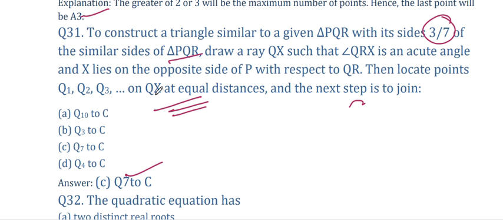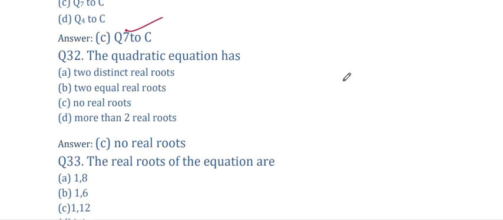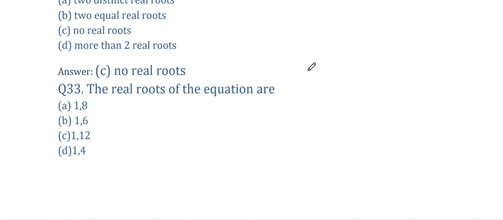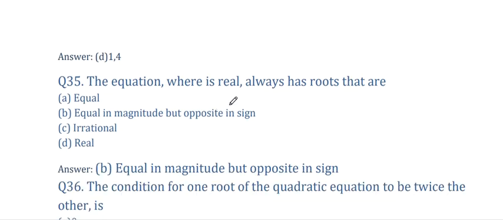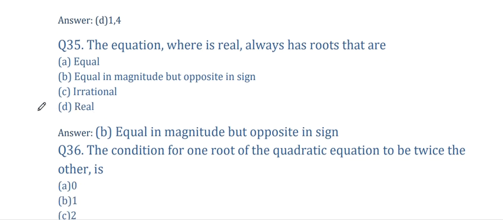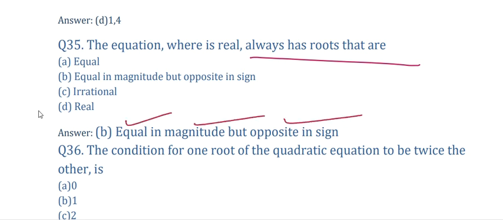Quadratic equation has how many real roots: two distinct real, two equal real, no real root? You can understand that such type of question will be asked. The real roots of the equation are what? The equation whose roots are real always has roots equal in magnitude but opposite in sign.